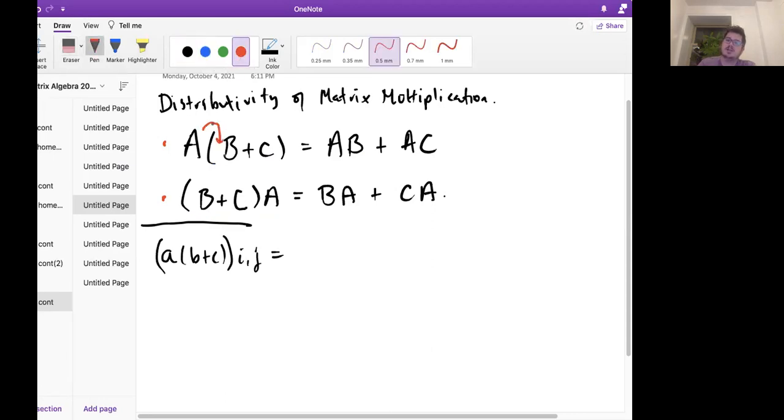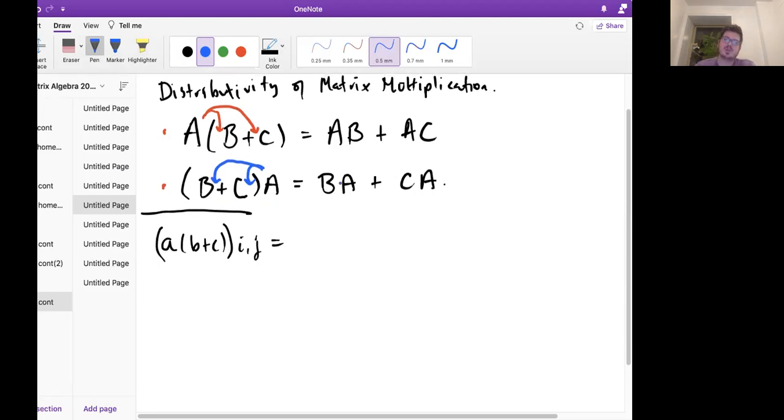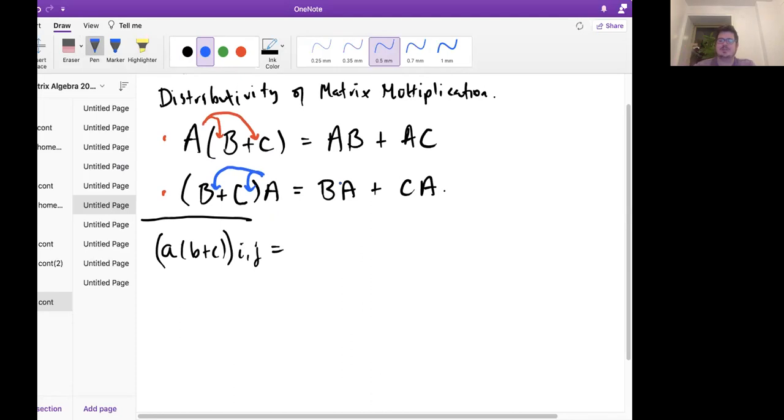When you multiply on the left, you're distributing on the left, but if you multiply on the right, you're distributing on the right. So make sure you don't mix them up. We don't have the luxury of flipping multiplication when we want to in matrices.